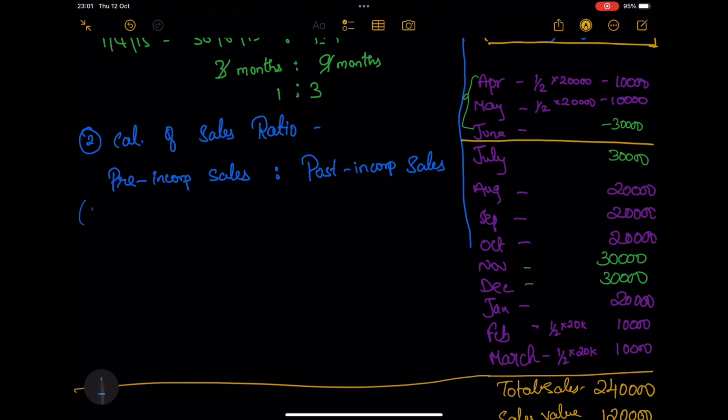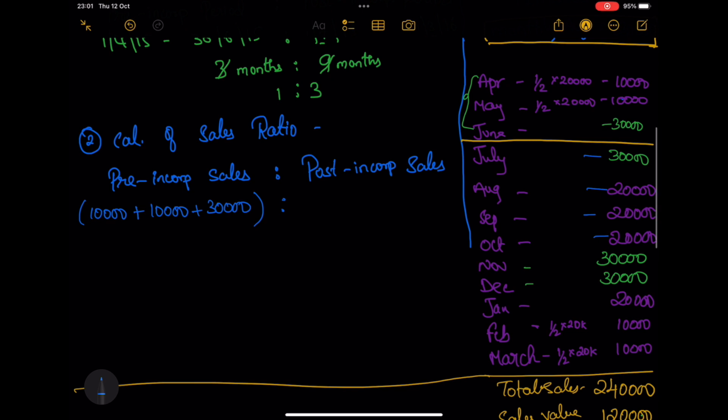How are we supposed to add? 10,000 plus again 10,000 plus 30,000, and all these 30,000, 20,000, again 20. If you add all these values, we will be getting some values. I'll directly add it. I don't write like this. In order to understand, I have written one part of the question as an example over here.